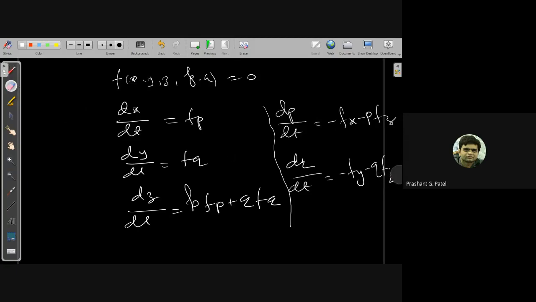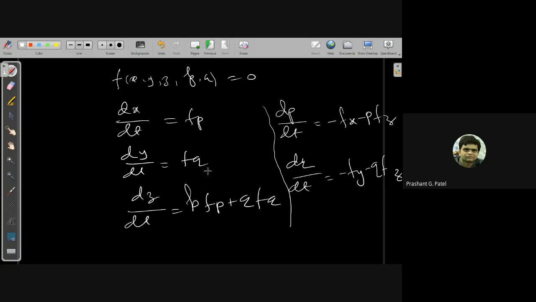It is exactly the right hand side of all these equations, which is the same as Charpit's method we got: dx upon fp, dy upon fq, dz upon pfp plus qfq, dp upon this and dq upon this. That is exactly the same expression that we got.